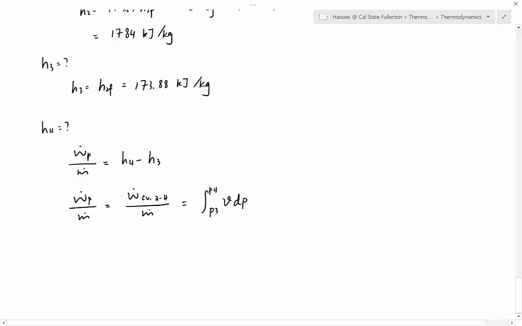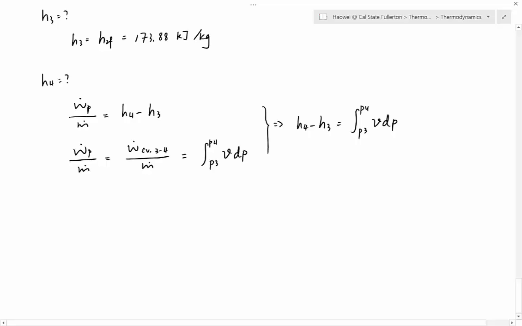The lower limit should be the initial pressure, in this case P3. The upper limit should be the final pressure, in this case P4. We proved this equation in the first video of this week's class. So now what's going to happen is H4 minus H3 must be equal to integral nu dp from P3 to P4.